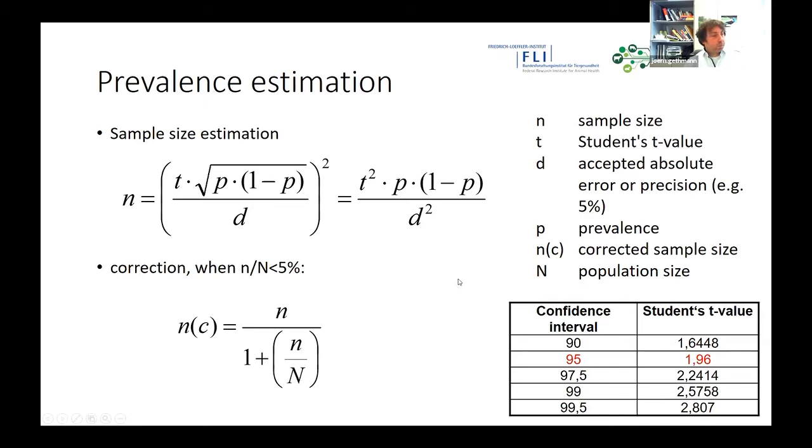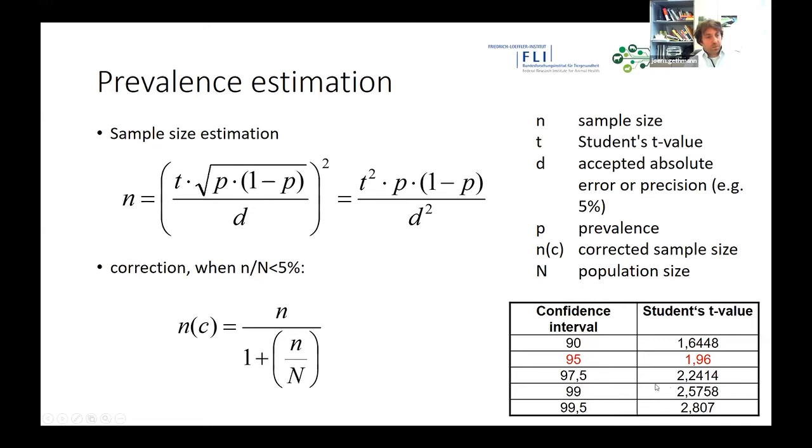And then there is a correction term when the proportion of your sample size divided by the population is smaller than 5%. You can use this one, but at the end, even this is easy to calculate in Excel.